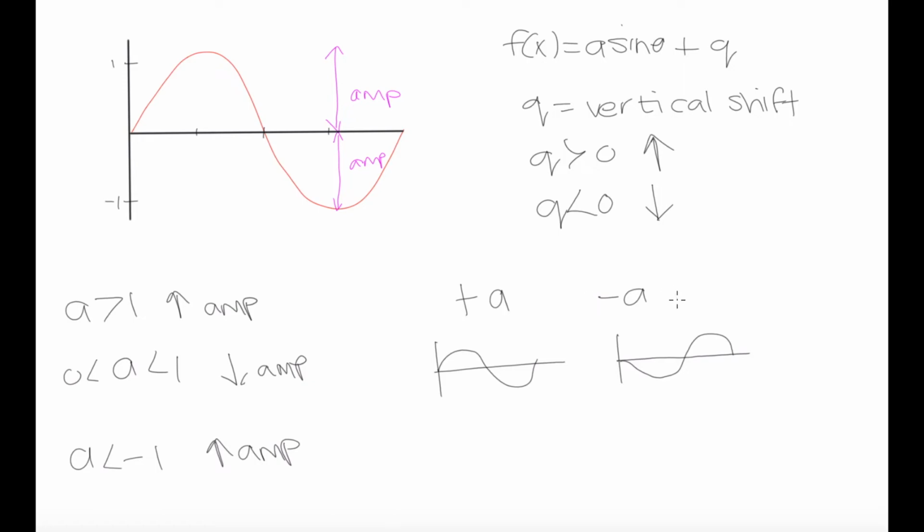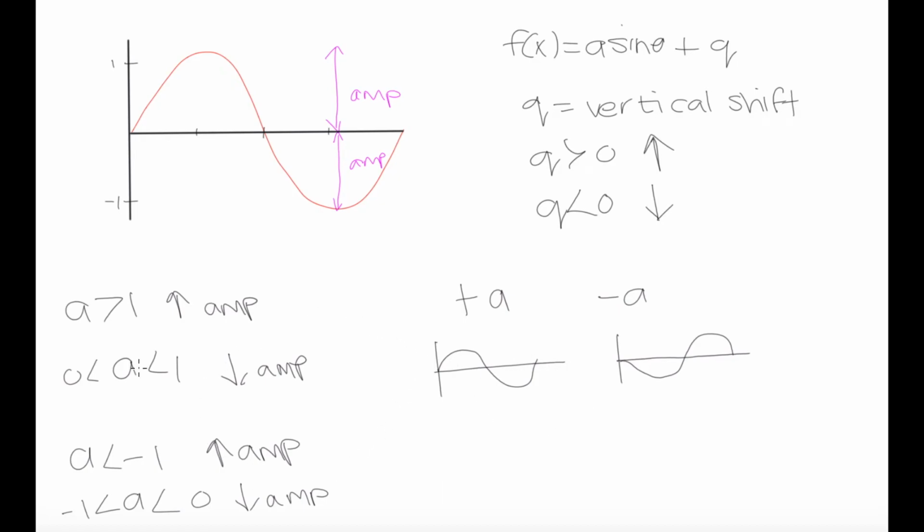However, our curve is going to look like this. We're going to have a reflection because we have a negative A. If we have an A value that's in between -1 and 0, that means we have a fraction but a negative fraction. We are going to have a decrease in our amplitude. But because this is going to be negative, it's going to be a reflection of our graph. So it's going to look like this instead of like this.